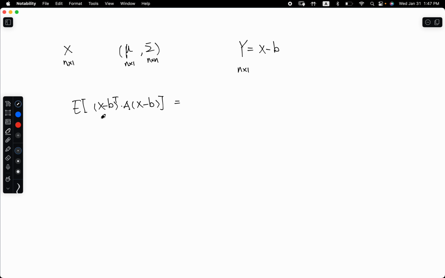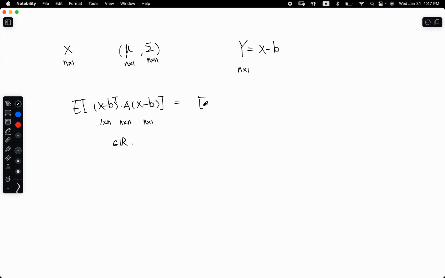So first of all, recognize that this is 1 by n after the transpose. Also, a is an n by n, and this is n by 1. So we have a scalar here.